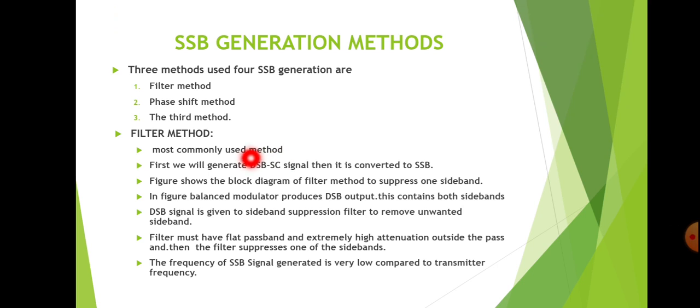That means first we generate the DSB-SC signal, which contains the lower sideband and upper sideband. There will not be any carrier in that signal. Then we will convert that signal into a single sideband signal. That means the resulting signal will contain only one sideband, that may be either LSB or USB.